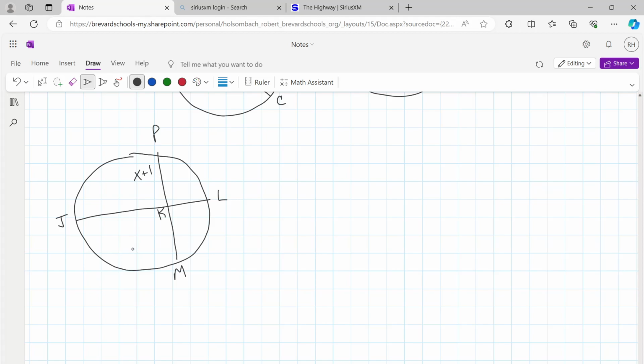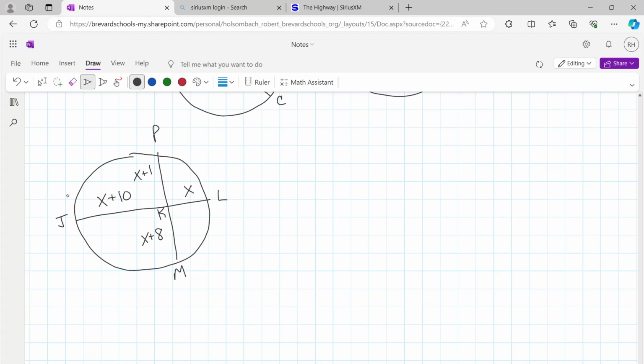K to M is x plus 8. JK is x plus 10. And K to L is equal to x.